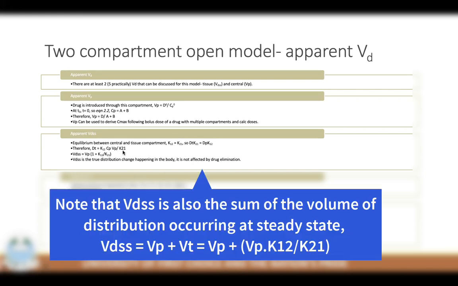Now, therefore we can rewrite our apparent volume of distribution at steady state to be equal to Vp, that's apparent volume of distribution in plasma, into bracket 1 plus K12 divided by K21.